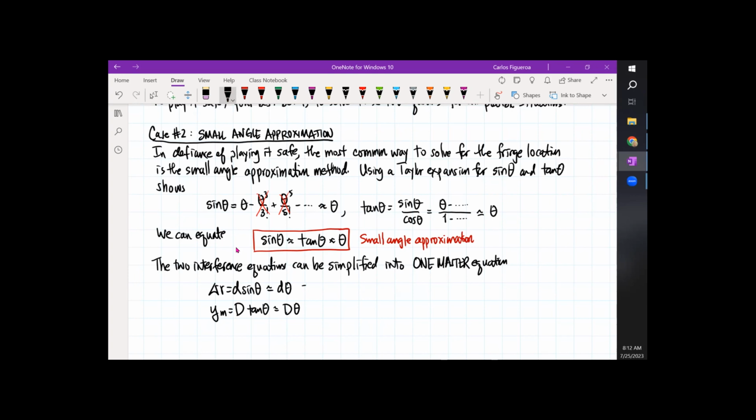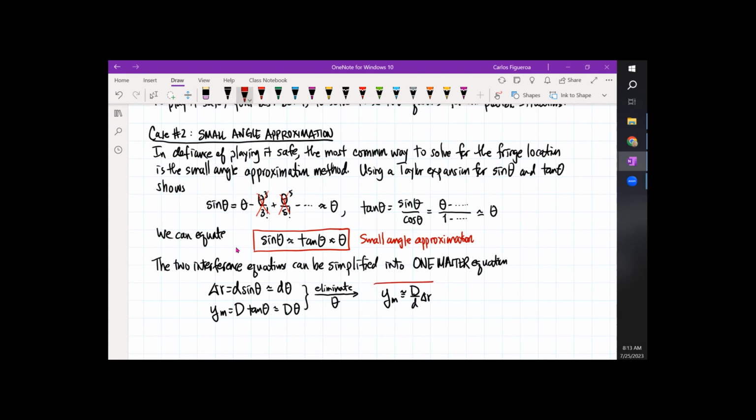So now I can eliminate theta from the equations so that I get y of m is then going to be big D over little d times delta R. And this is an approximation.